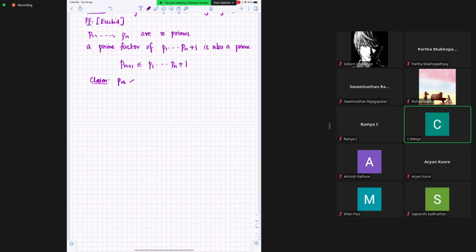So here is the claim. Yeah, this is a really, really weak bound, but I'm still going to write it. So do any of you see how to prove this? It should not be hard.